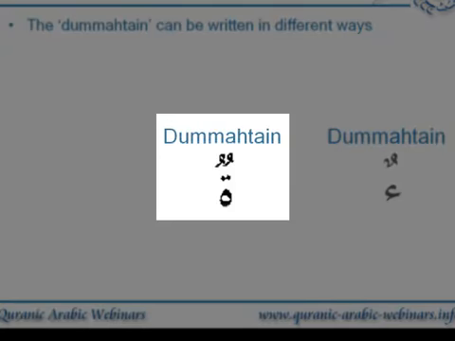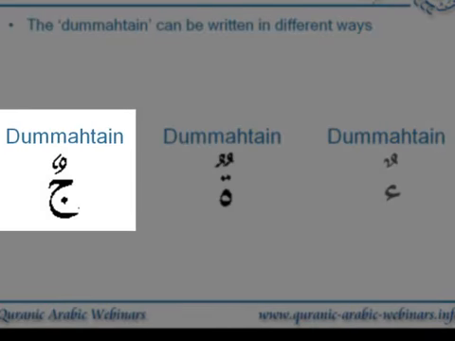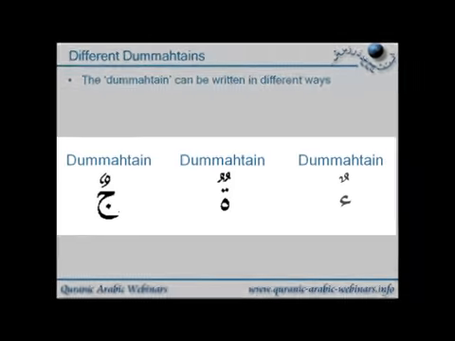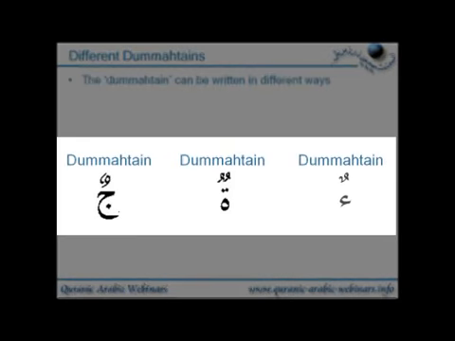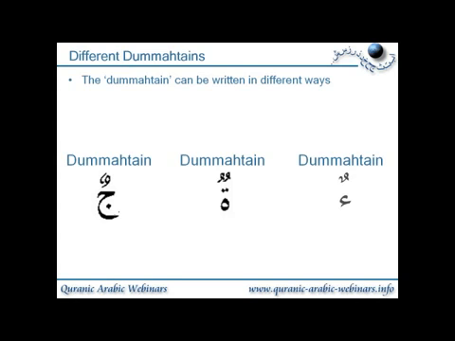This is the most common way you'll see the Dummahtain written, which is two separate Dhammas together on top of the tar marbuta, and this is the third way, which looks like one dhamma and another upside down. So all three of these are actually Dummahtains, and we'll learn later on in the different Quranic scripts why you might see them written differently.